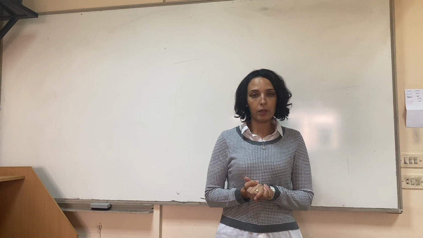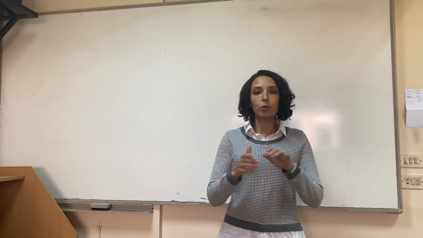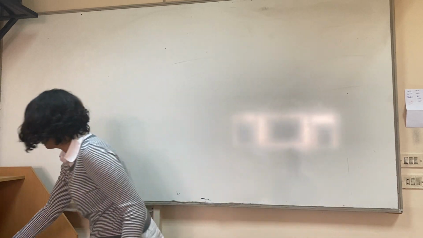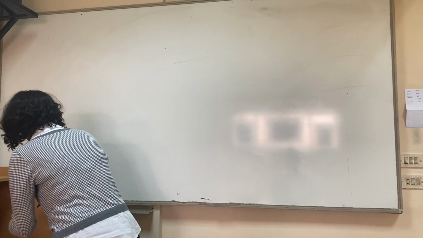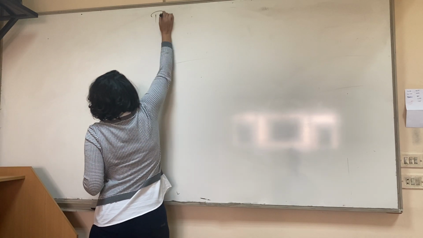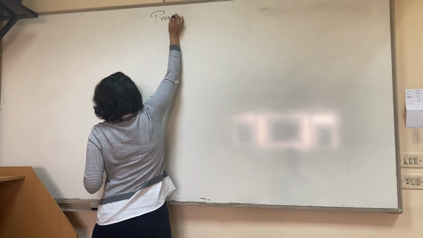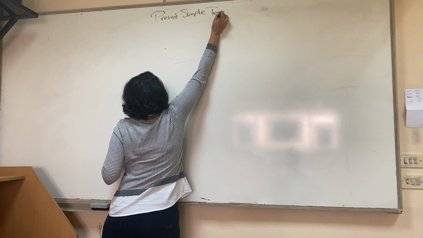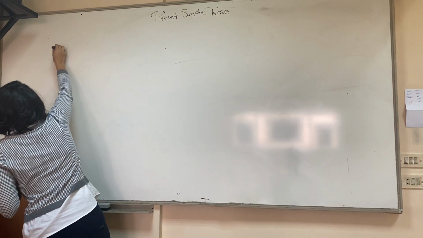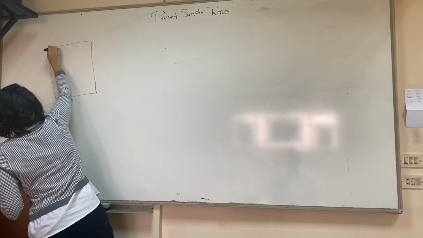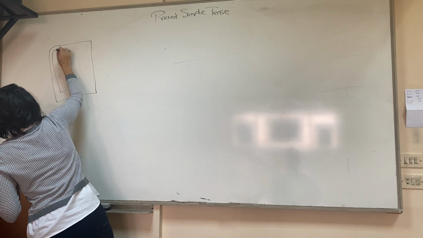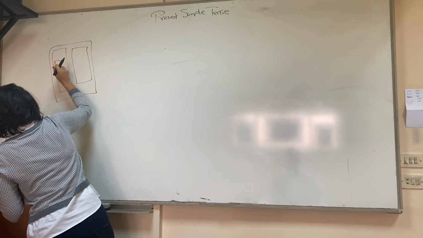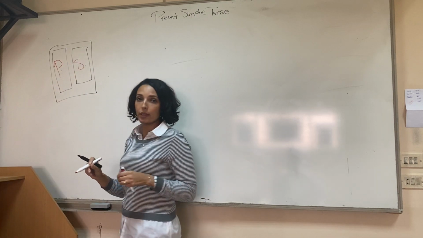How do I put the verb in the present simple tense? I use the what? The PS door. Let's draw it fast. We have our PS door, the present simple door.